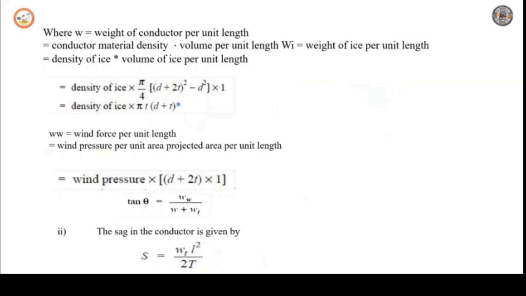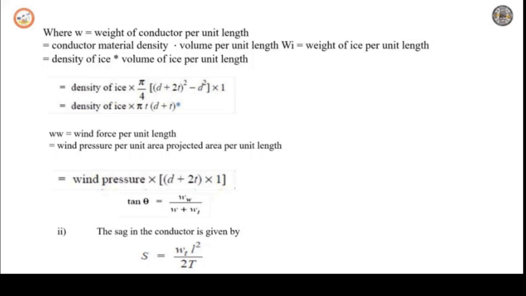Ice loading is the density of ice into pi t (d plus t), whereas wind loading is (d plus 2t) into 1 into wind pressure. So the conductor adjusts itself in a plane which is at an angle theta with respect to the vertical. The angle is given by tan theta equal to Ww by (W plus Wi).